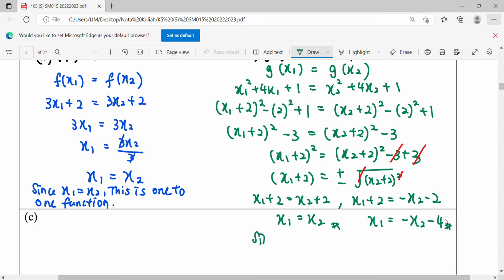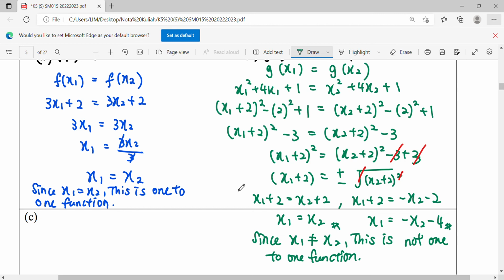So we can write the reason: since the result of x1 is not only equal to x2, therefore this is not a one-to-one function.